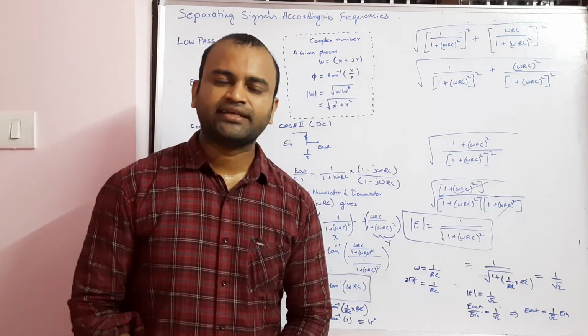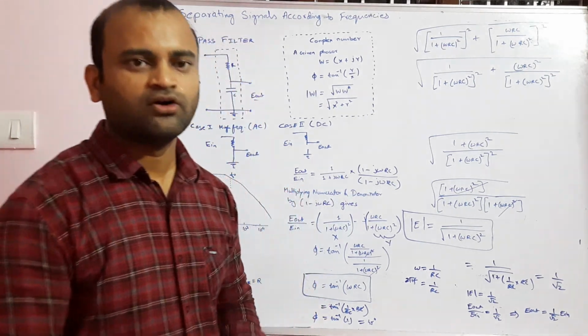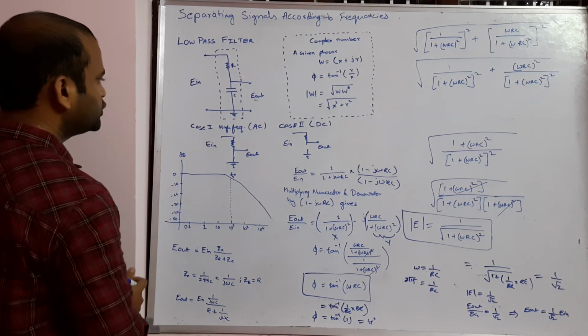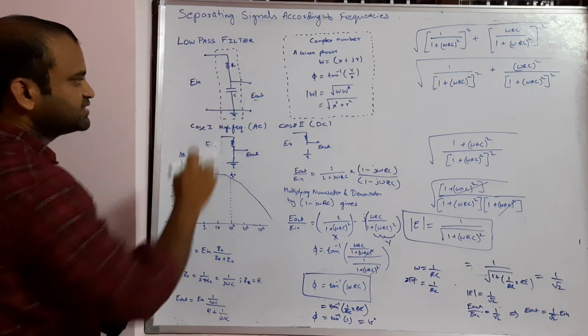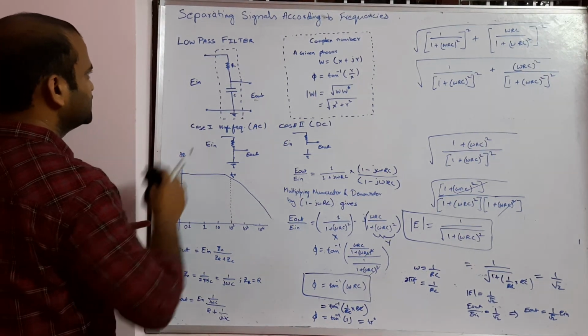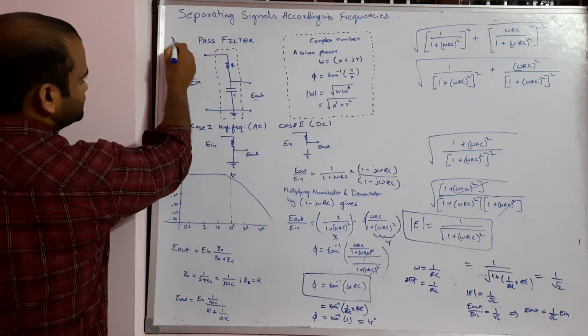Similarly, we can calculate the phase angle and the amplitude for a high pass filter. For a high pass filter, what you need to do is just exchange the resistor and capacitor.